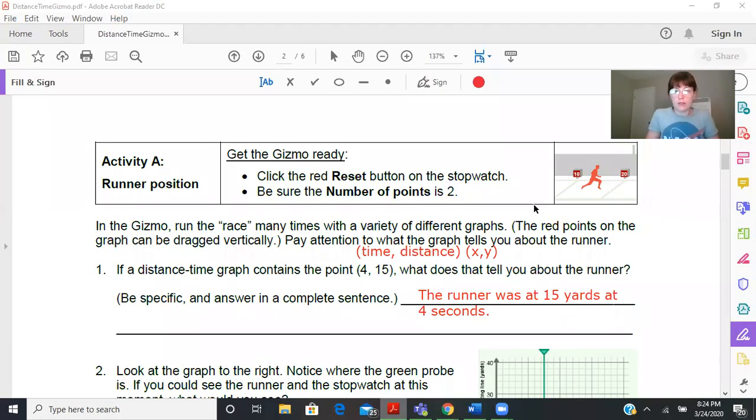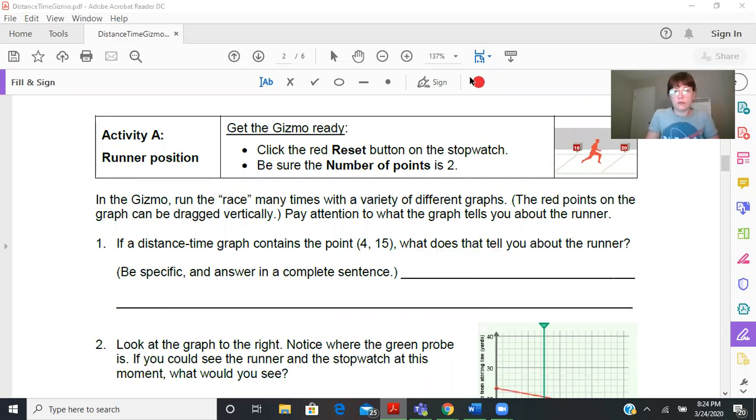All right, let's try opening it a different way. Oh no. Let's try that again. So I've got the runner, the runner was at 15 yards at 4 seconds.